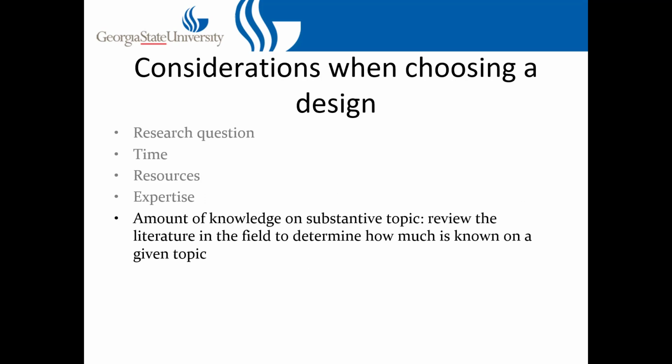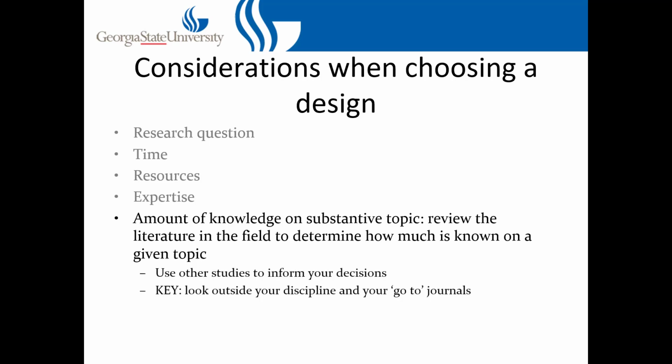Next, you need to have a large amount of knowledge on the substantive topic. So review the literature in the field to determine how much is going on and what's known about a given topic. I strongly suggest you use other studies to inform your decisions. And a really important thing that I've heard from different people, but I want to make sure that I say explicitly, is do not just look in your own discipline or your go-to journals.